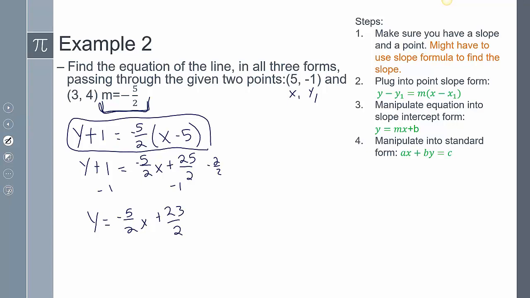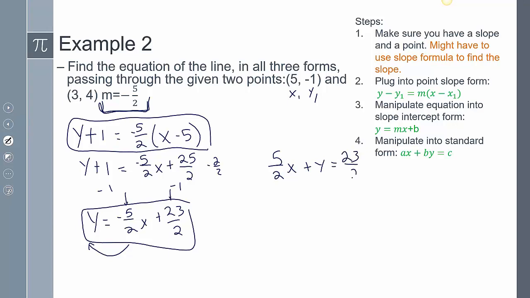So I get minus 23 halves. So right now this is the slope intercept form, y equals mx plus b. So I could easily say this is my m and this is my b. And so bringing that over to the other side, you get 5 halves x plus y equals 23 halves.